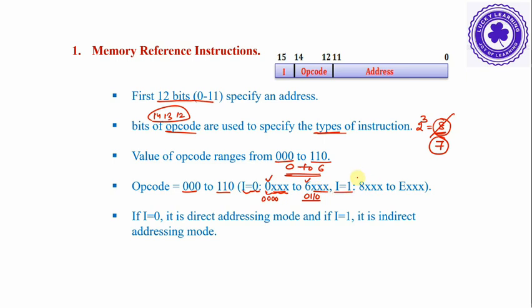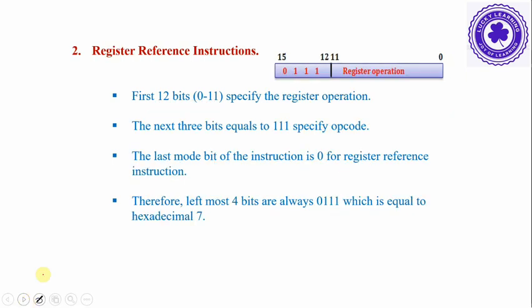When I equals 1, the most significant 4 bits of the instruction are 1000, which is hexadecimal 8, or 1110, which is hexadecimal 14, represented with E. And we know that I equals 0 is the case of direct addressing mode, and I equals 1 is the case of indirect addressing mode.